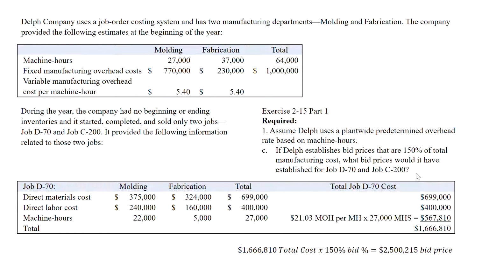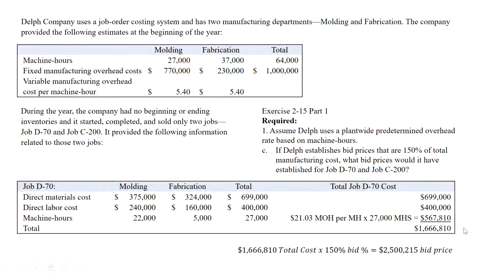If this was a markup, like 25%, we'd take that cost of $1,666,810 and multiply it times the 25%. That would be the amount over and above the cost, and then we would add that to the cost. So just don't get tripped up on the wording. Make sure you're paying attention and really reading that when you jump into the exam to see how to apply that selling price.